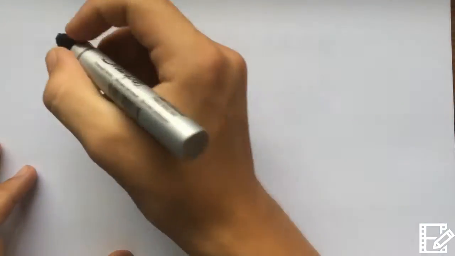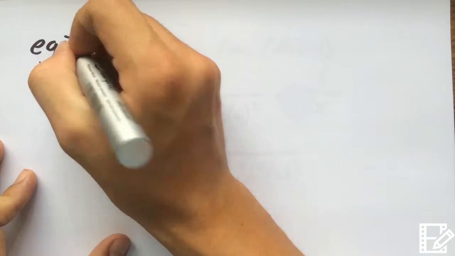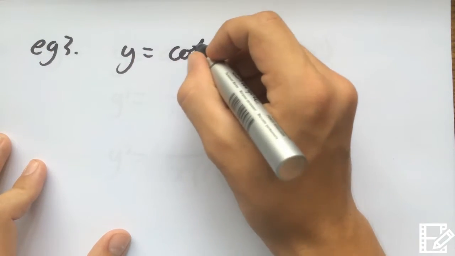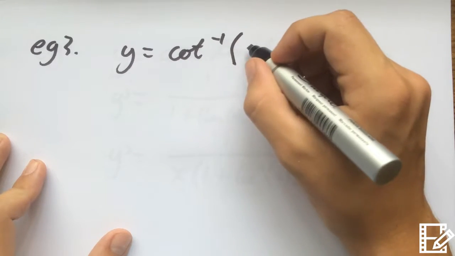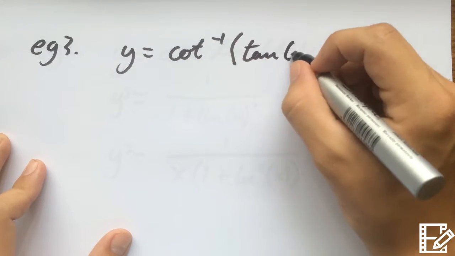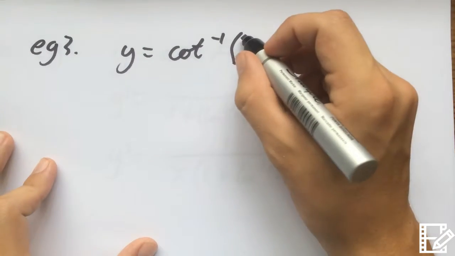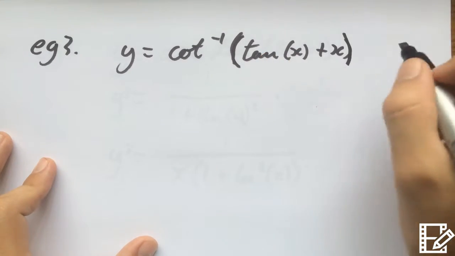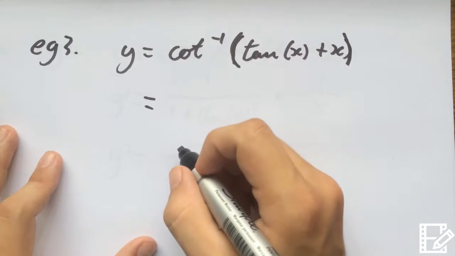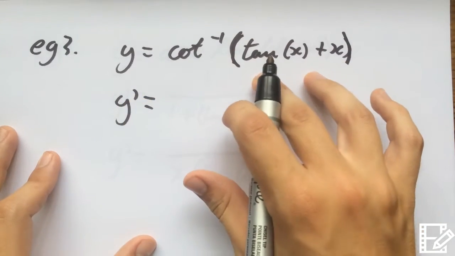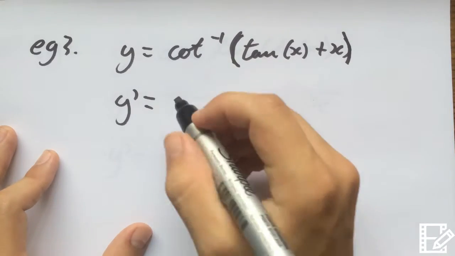Now for example 3. We have y equals cot -1 of tan x plus x. The derivative of the outside, then multiply it by the derivative of the inside.